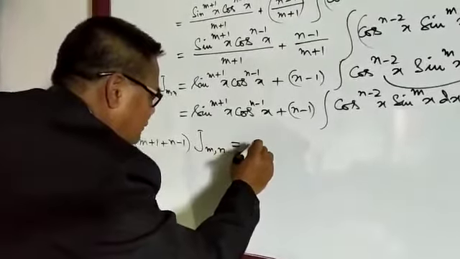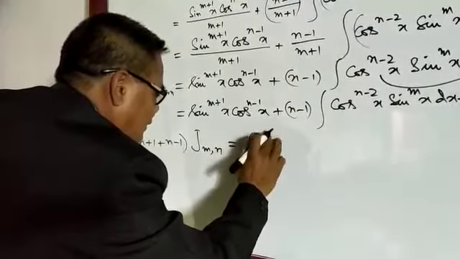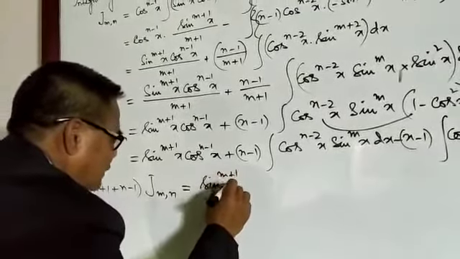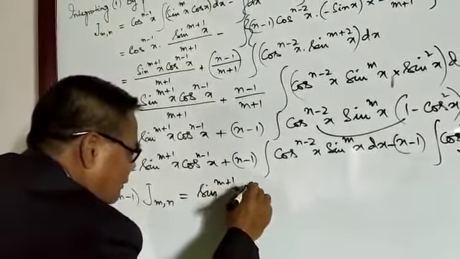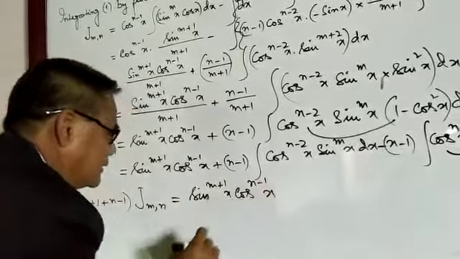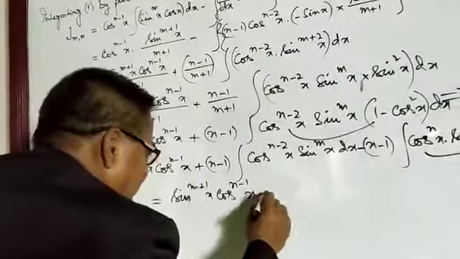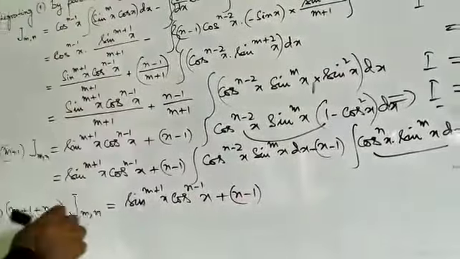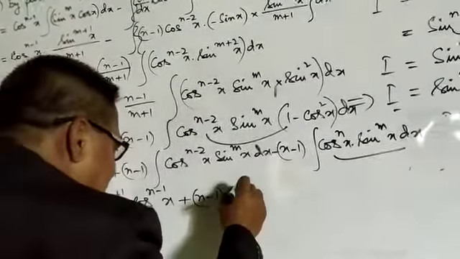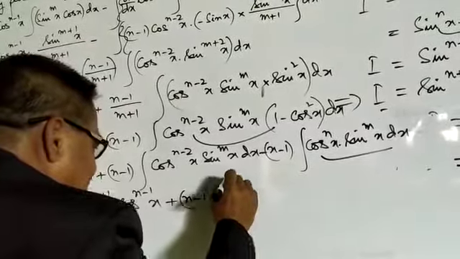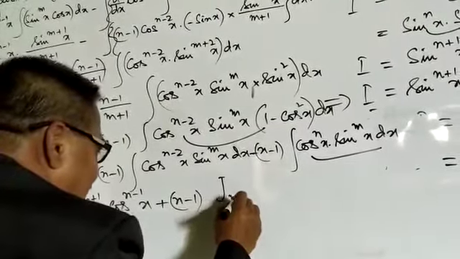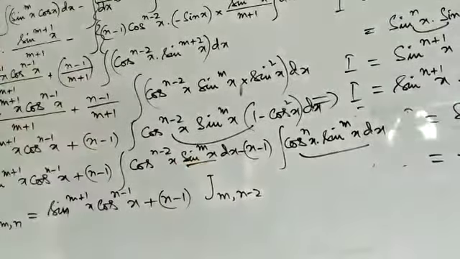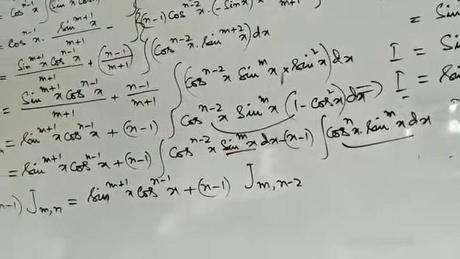Then this will be equal to sine of m plus 1 x cos of power n minus 1 x plus n minus 1. By the generality of the reduction formula, this integration is nothing but j of m comma n minus 2, because we have to write about the sine first.